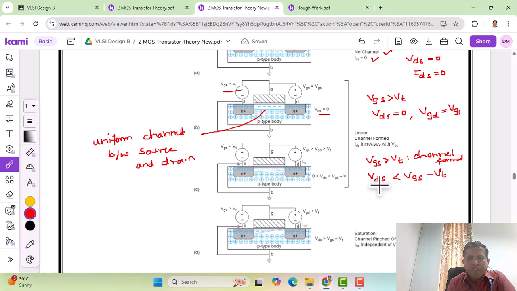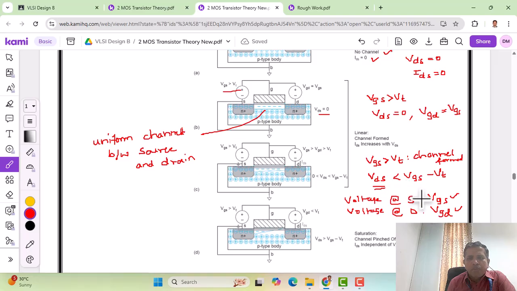But now the influence of VDS will be there because we are applying a voltage across the channel. To observe the effect of this pinch off, we need to take the voltage at the source end, which will be VGS, whereas the voltage at the drain will be VGD. So we should see the values of these voltages to understand the tapered shape of the channel in the linear region.